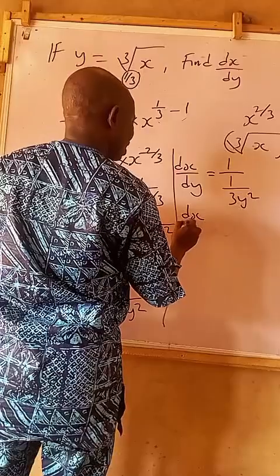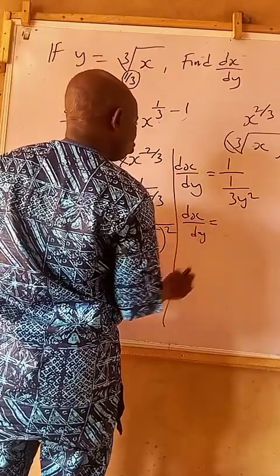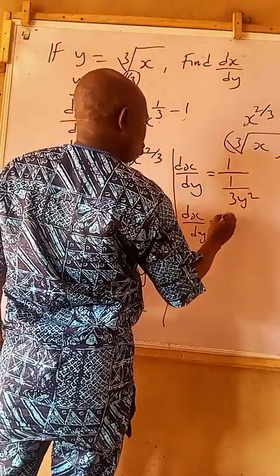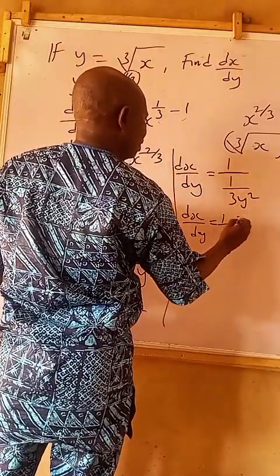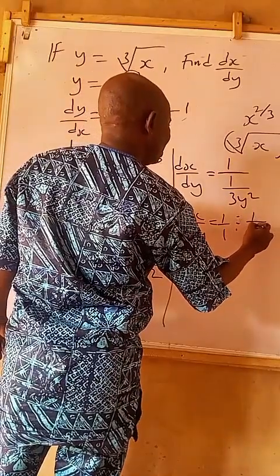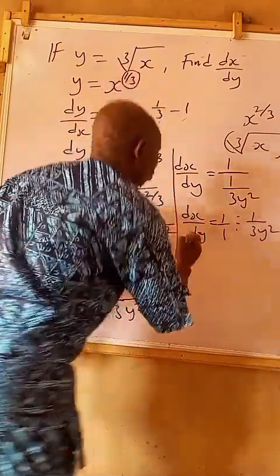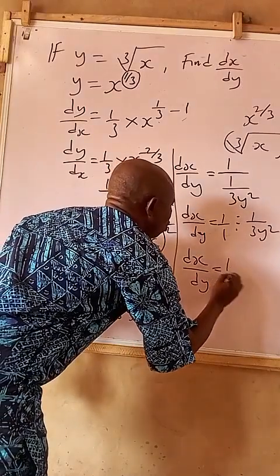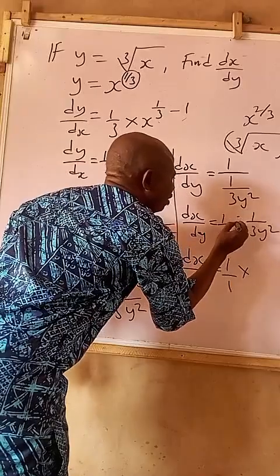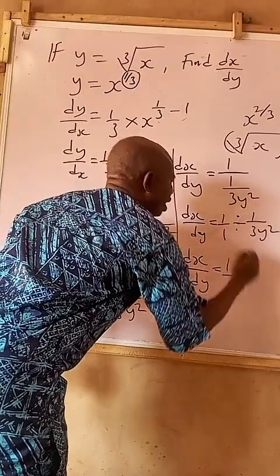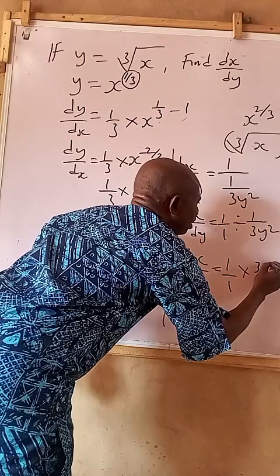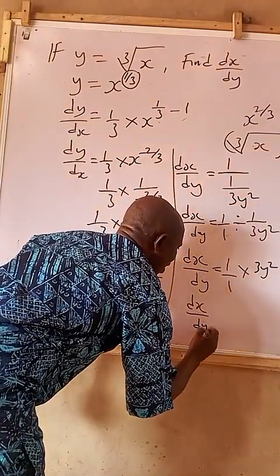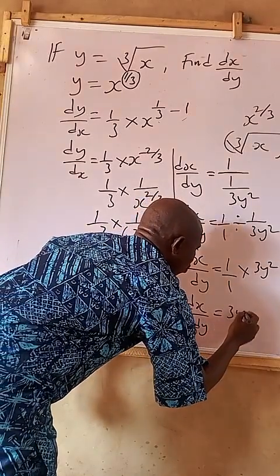Our dx/dy will be equal to, look at me, you know this one is 1, that's 1 divided by 1 over 3y squared, which means our dx/dy will now be equal to 1 over 1 times this one will go up because this is a division sign here. This one will go as 3y squared, which means our dx/dy will now be equal to 3y squared.